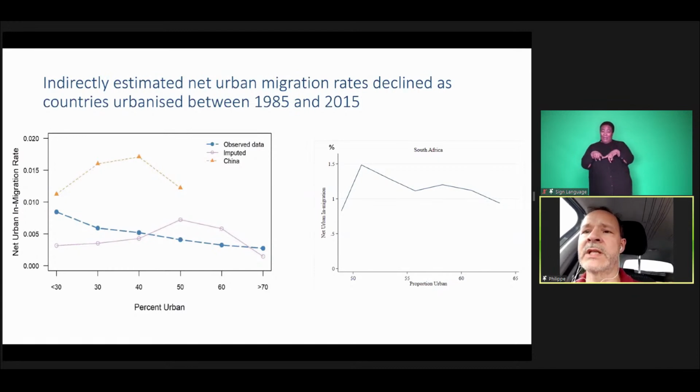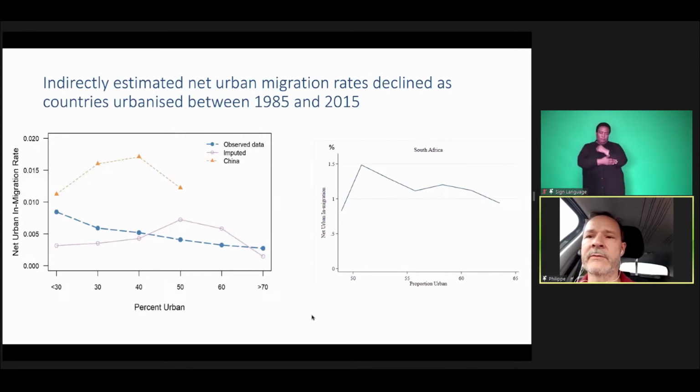For South Africa, you can see that on average, over the period, the same estimate was at a higher level, with a bump at the beginning of the curve showing a catch-up effect after the end of apartheid, and then a decline, but at a level that is still around 1%, which is much higher than the average country in the rest of the least and middle income countries.